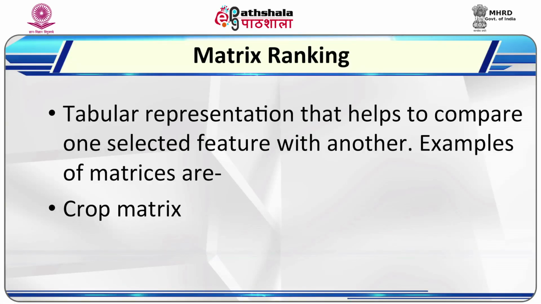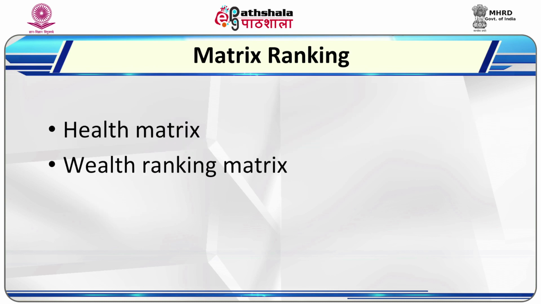Next method is matrix ranking. A matrix is a tabular representation that helps to compare one selected feature with another. Here examples are crop matrix, crop grown or analyzed, health matrix. Participants describe the curative methods they use for different illnesses.